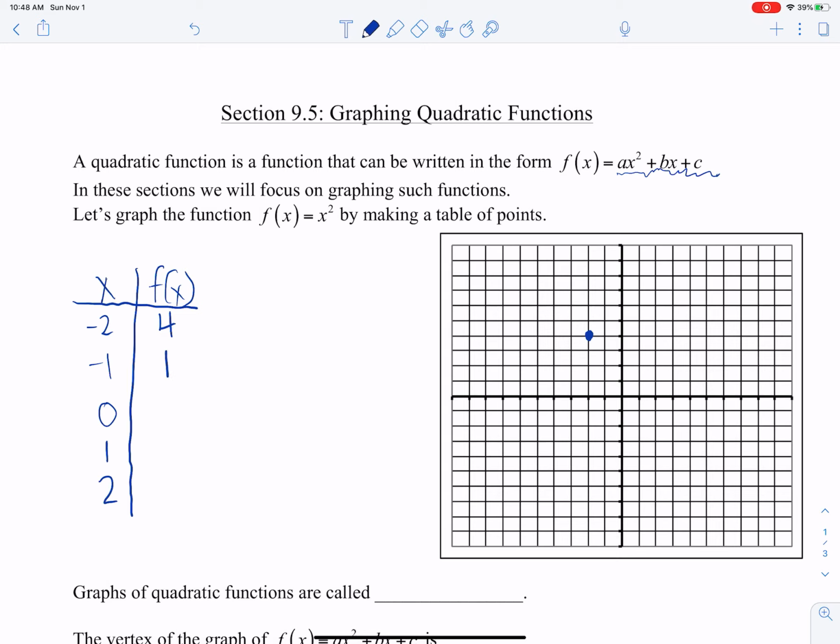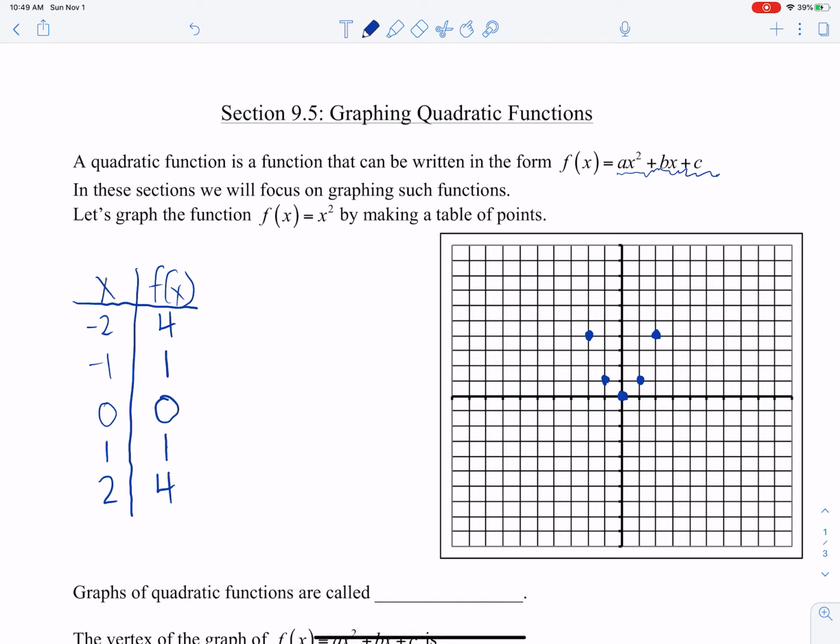So the point -1, 1 is on our graph. When we plug in 0, we get 0, 0, because 0 squared is 0. So that's right there at the origin. When we plug in 1, 1 squared is 1. So we have the point 1, 1 on our graph. When we plug in 2, 2 times 2 is 4. So the point 2, 4 is on our graph.